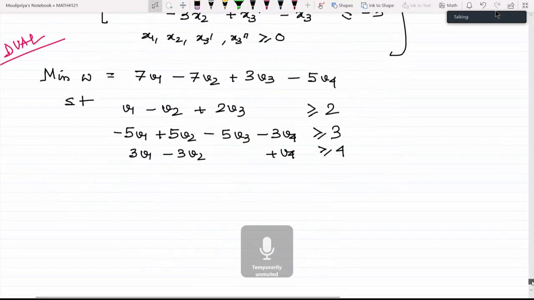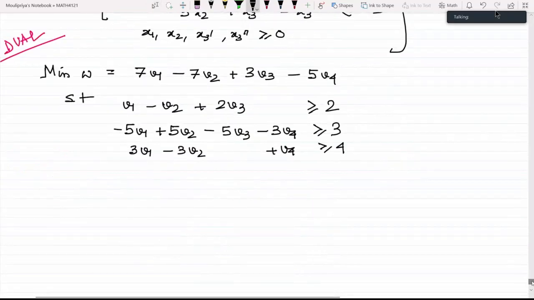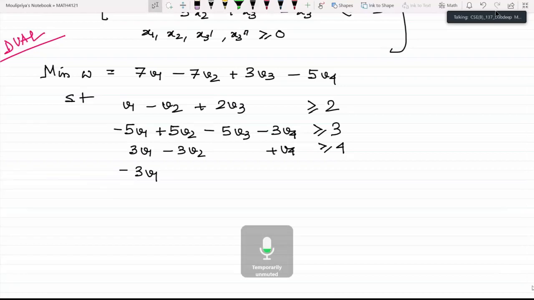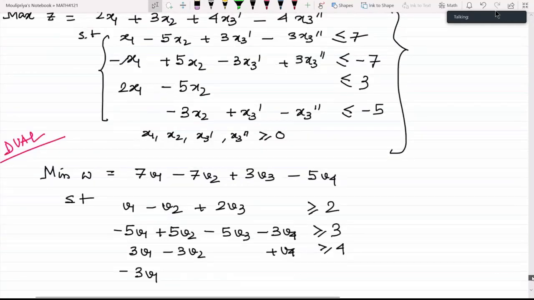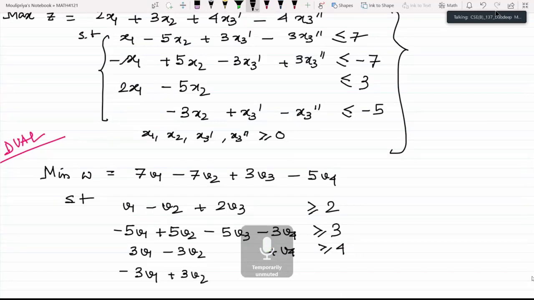Just a moment. Minus 3v1 minus v4 greater than or equal to minus 4.